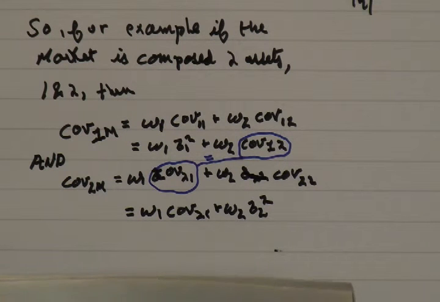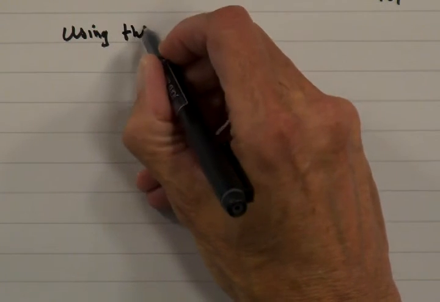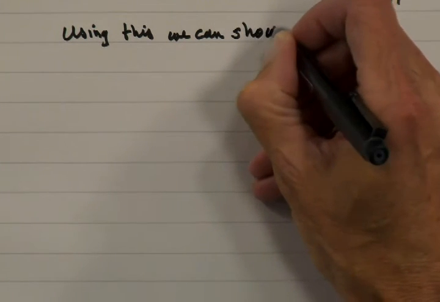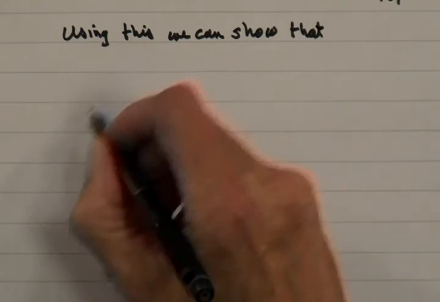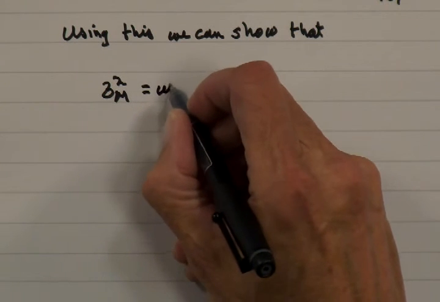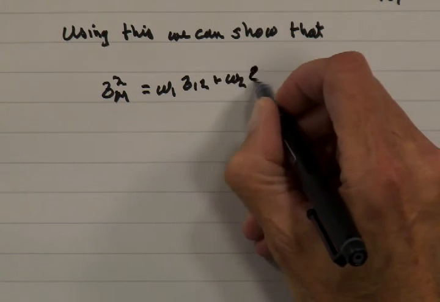Using this, we can show the following. We can show that the variance of the market portfolio equals W1 sigma 1M plus W2 sigma 2M.